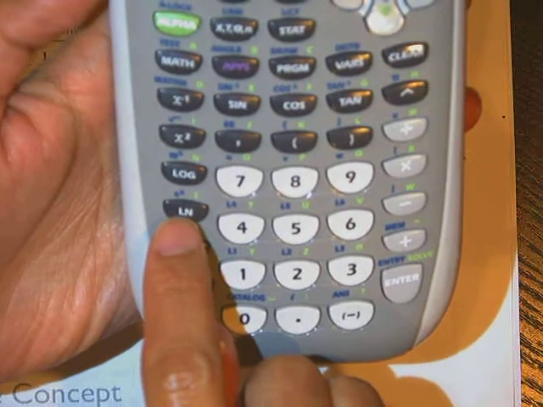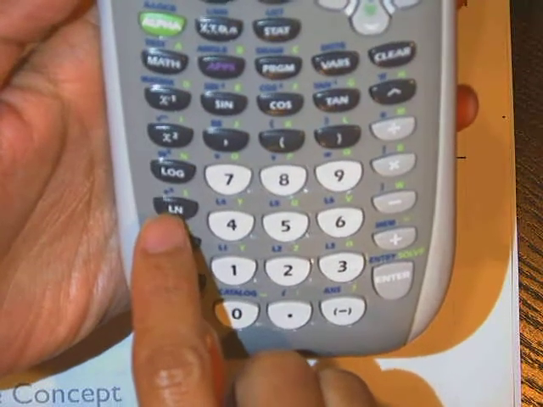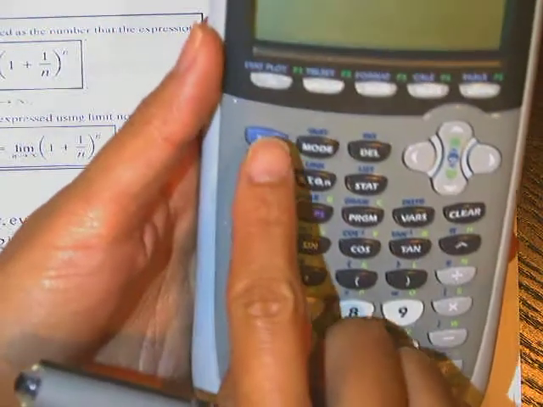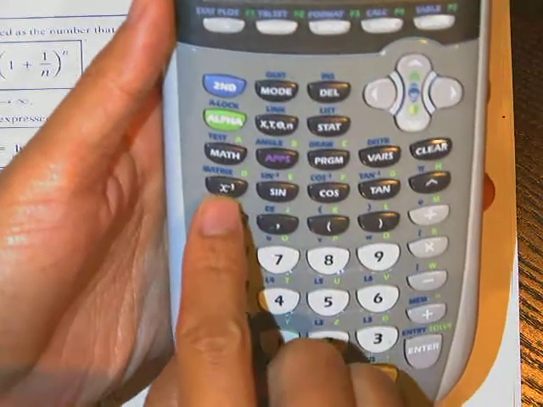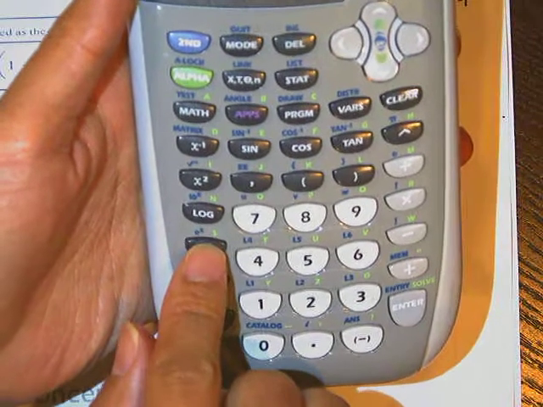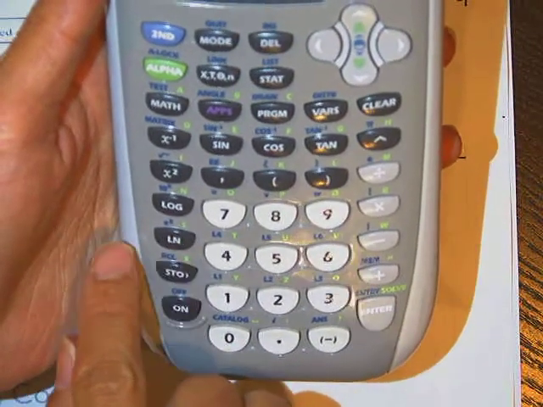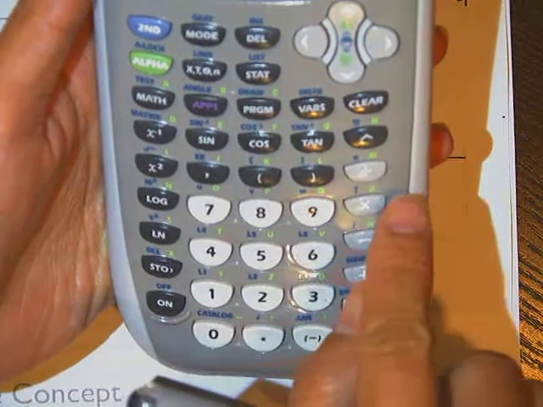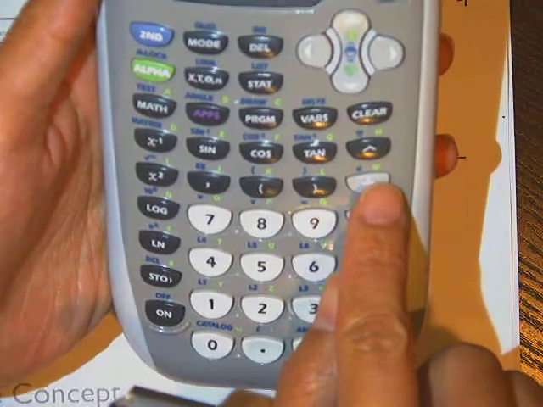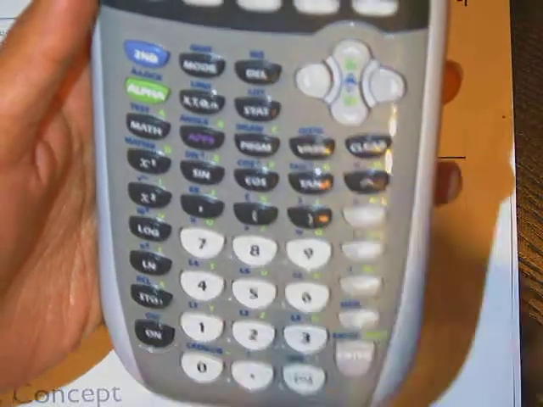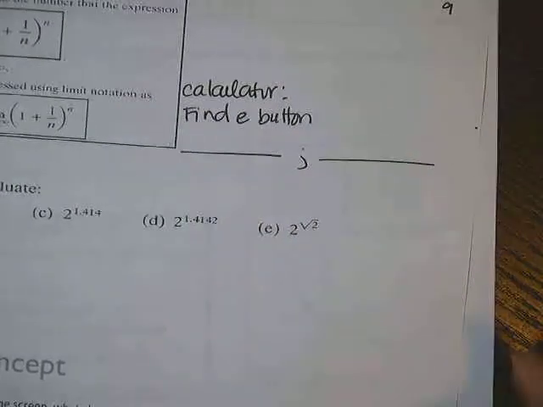The inverse of ln is e to the x. So it's under log, the 7th button down on the left. The other button is underneath pi, the 3rd button down from the right. Those are your 2 locations, so you can write those in.